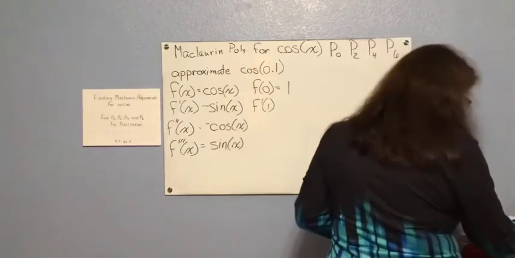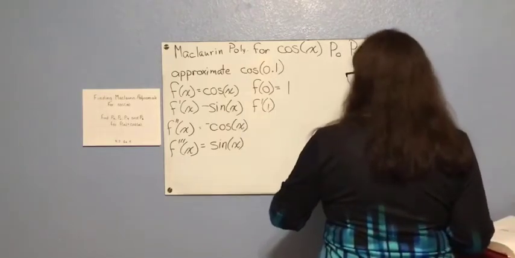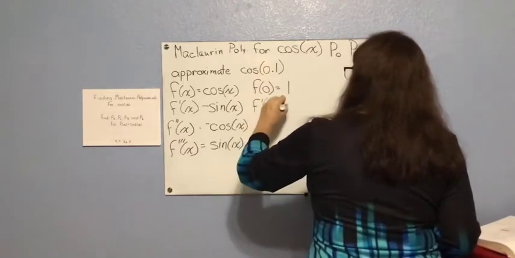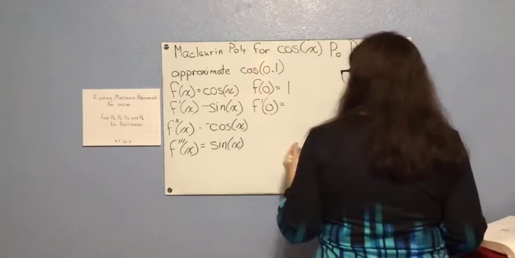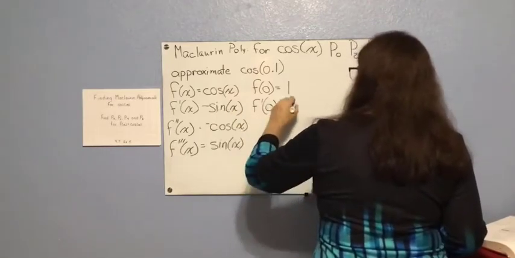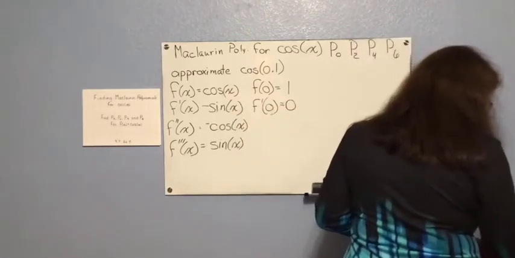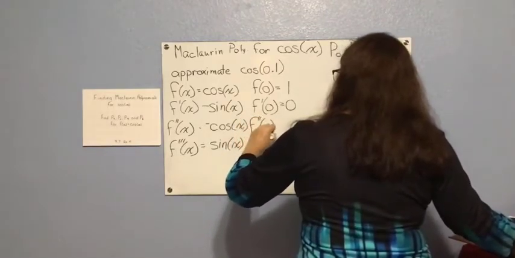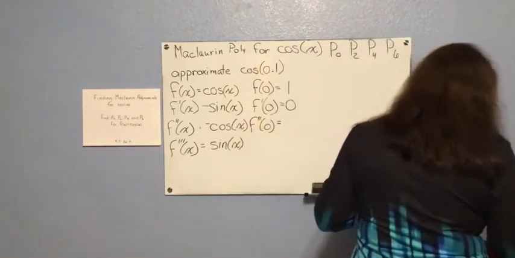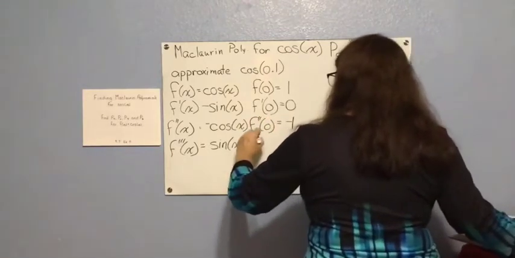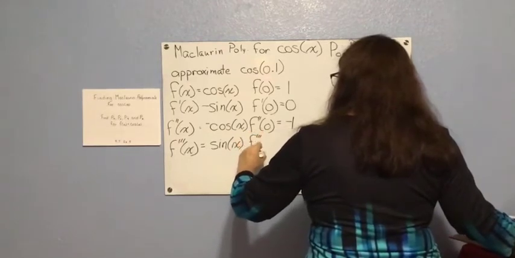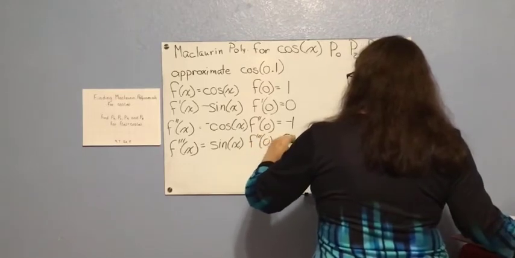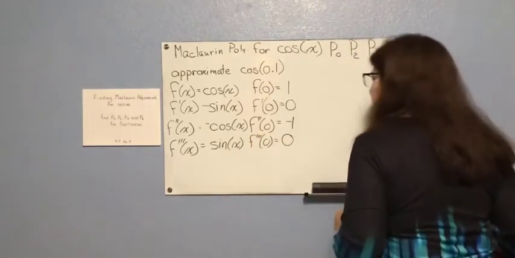Sine of 0 is just 0, so negative or positive, it's still 0. Second derivative is negative 1. And then the third derivative is 0.